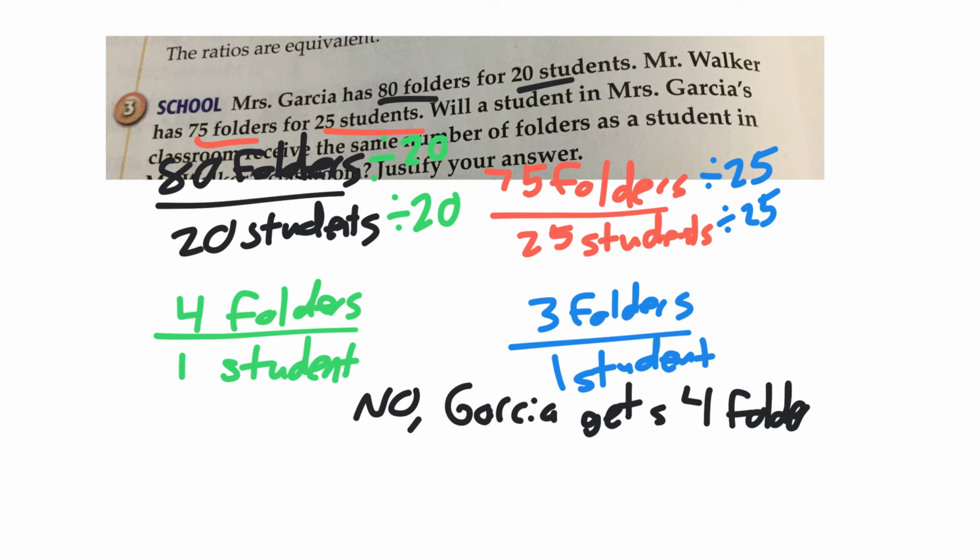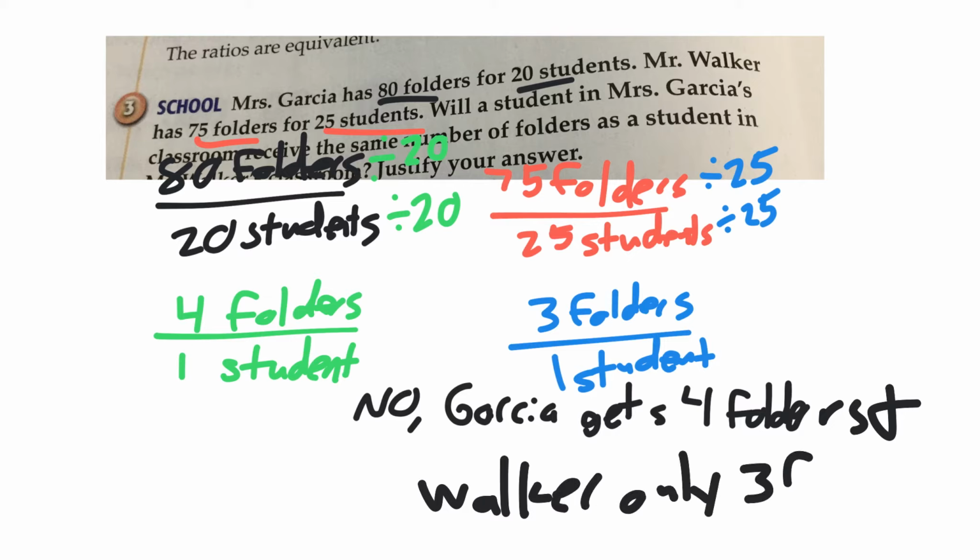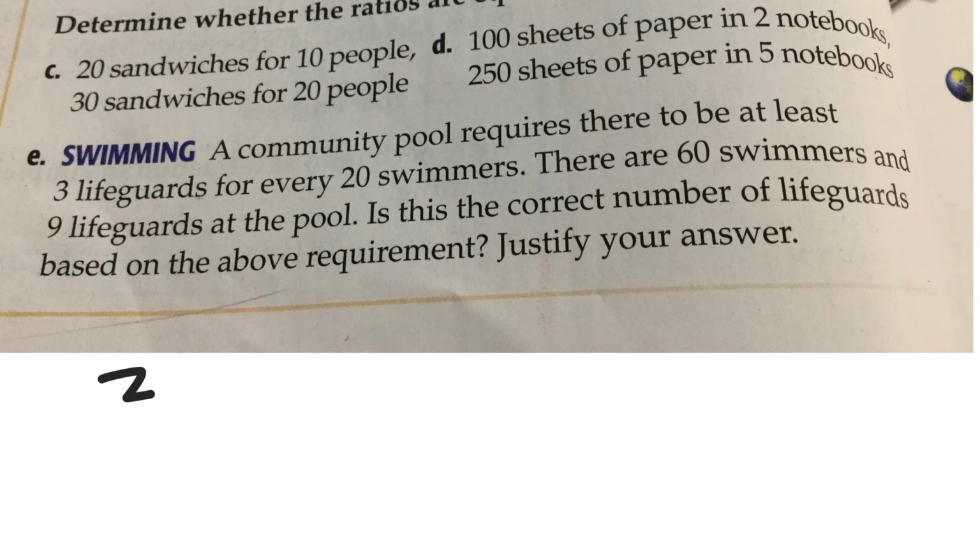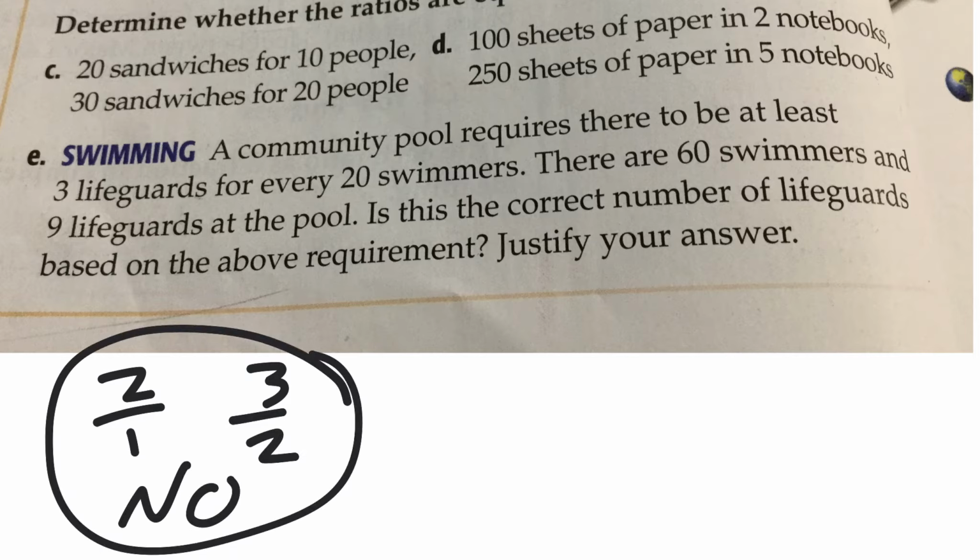So Garcia gets 4 folders, and Walker only 3 folders. That would be your justification. And the second one reduces to 3 over 2. So no, they are not equivalent. That's correct. Any questions on that one? Do I need to go over that one in more detail?